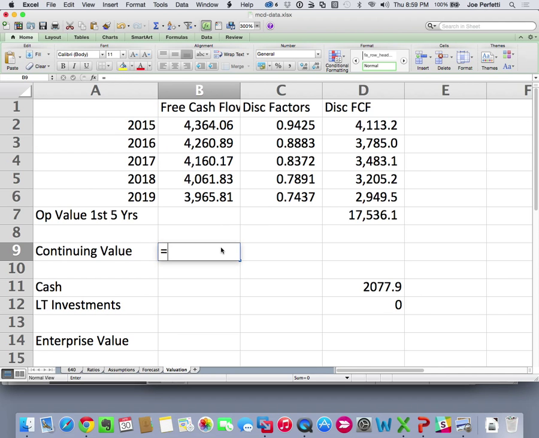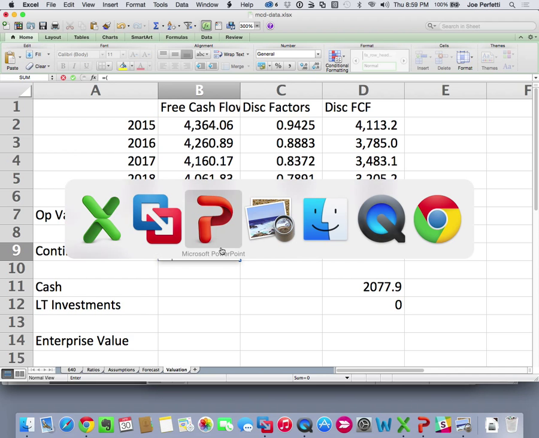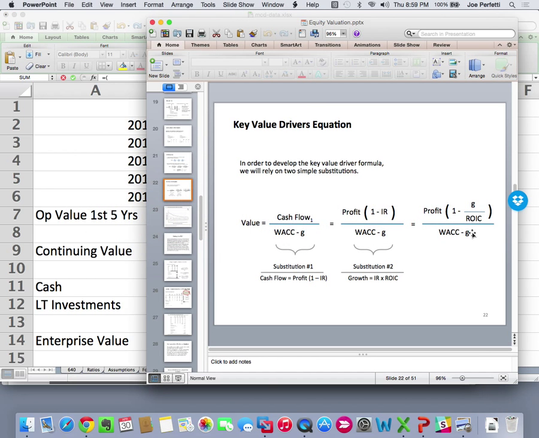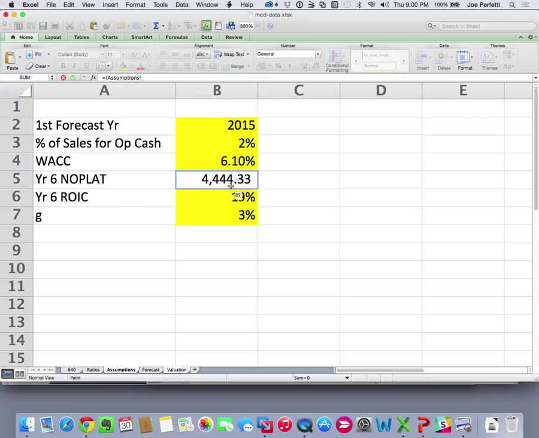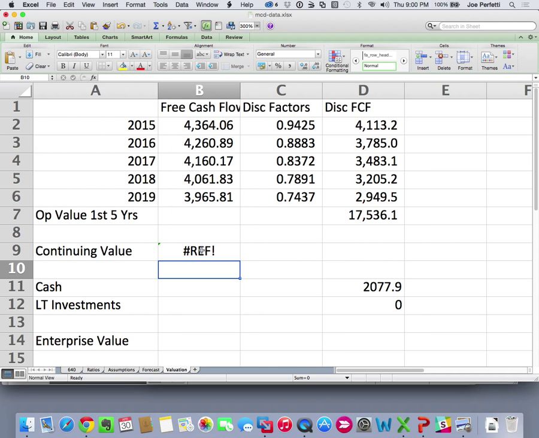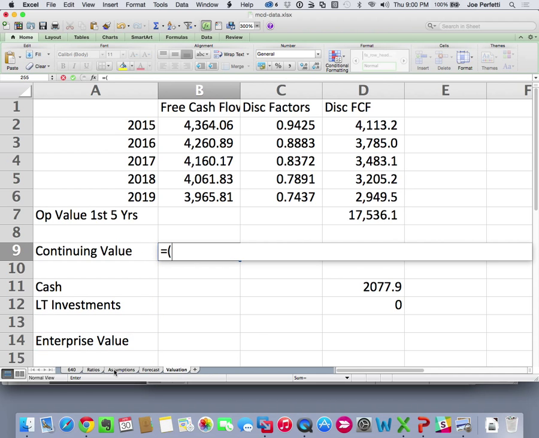Continuing value equals, so I'm just going to put in this formula with the correct order of operations, and I'll do this right off of the assumptions tab. So year 6 NOPLAT times 1 minus the G divided by the ROIC, divided by the WACC minus the G. Let me try this again.